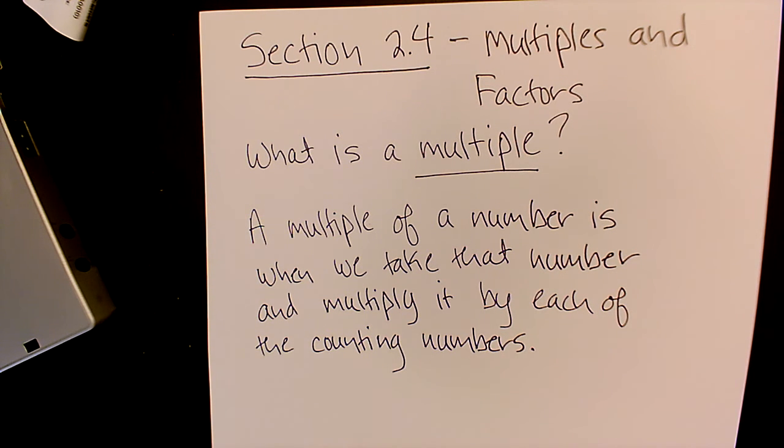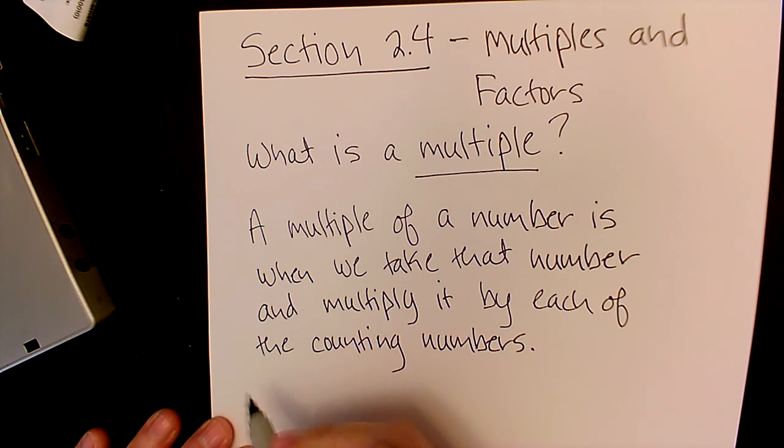So a multiple of a number is when we take that number and multiply it by each of the counting numbers. So do we remember what the counting numbers are?